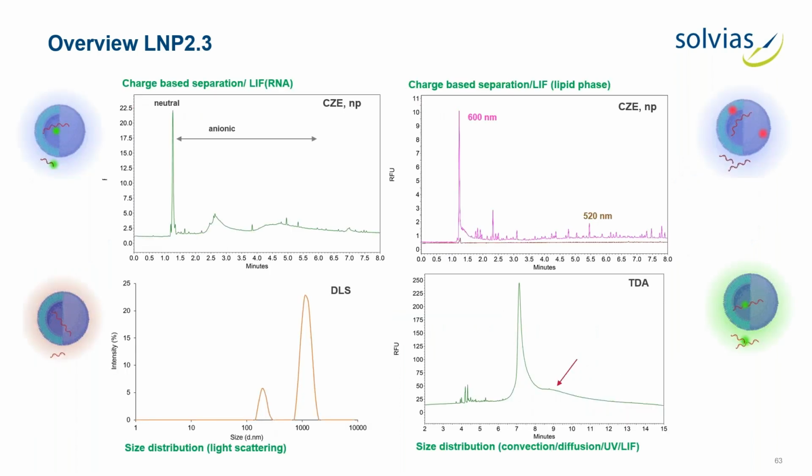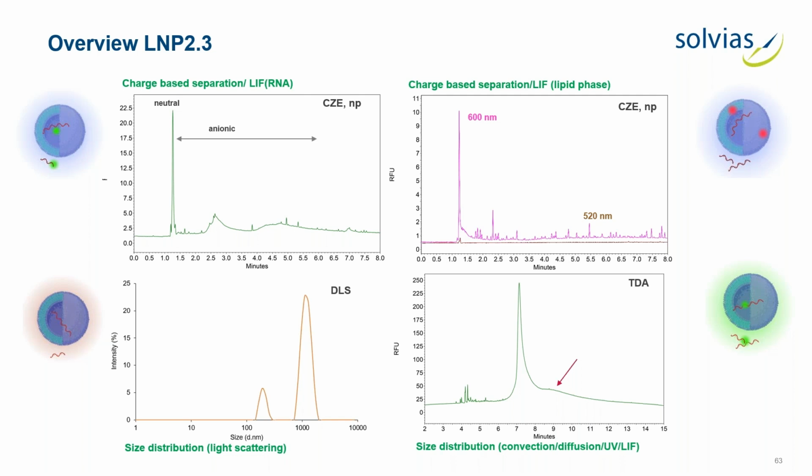So, and the next and last candidate, this is another batch of LNP2. And this seems to be completely different with regard to the CE experiments. The signals are significantly reduced and we have no anionic structures.